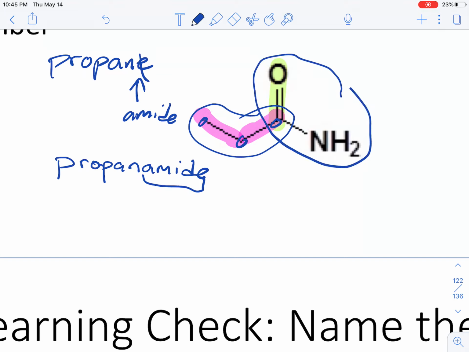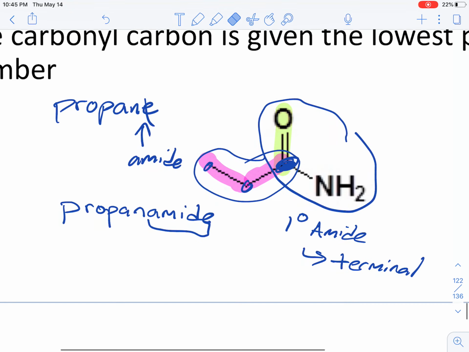And we know that amides, primary amides specifically, are terminal. And so therefore, where there used to be a 1-propanamide to describe that this amide is on carbon number 1, this carbon is carbon number 1, it's not necessary for you to indicate the position of the amide since primary amides are terminal. Hopefully that made sense.